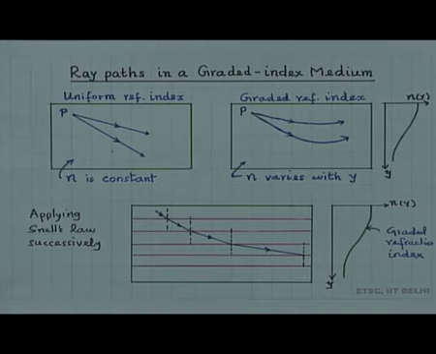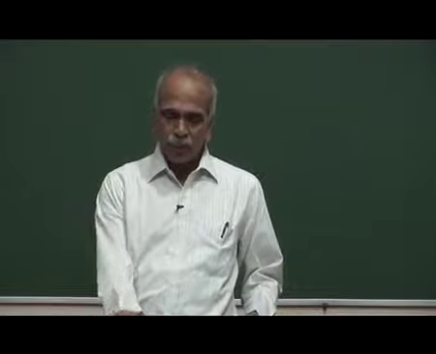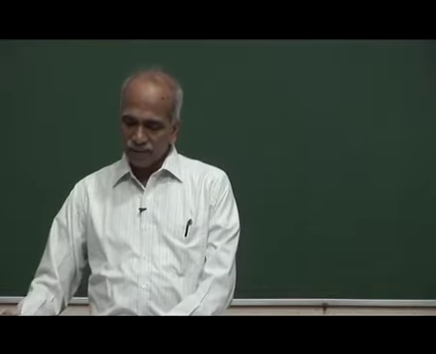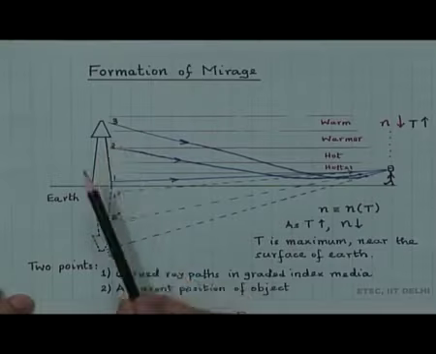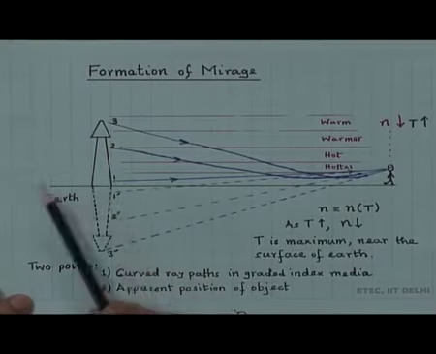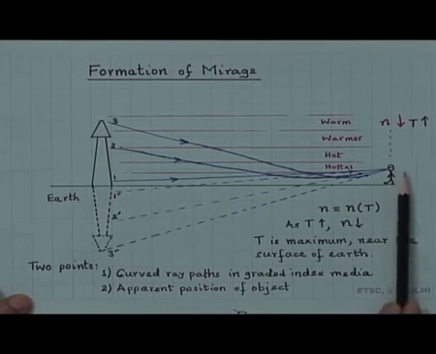Keeping this in mind, now we look back at the formation of a mirage. I briefly explained it earlier, now let us look back keeping this idea in mind. I have now shown an object like a lighthouse here. The observer is at a distance.